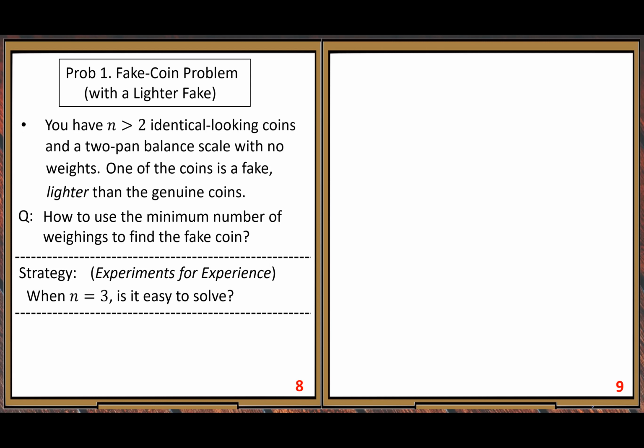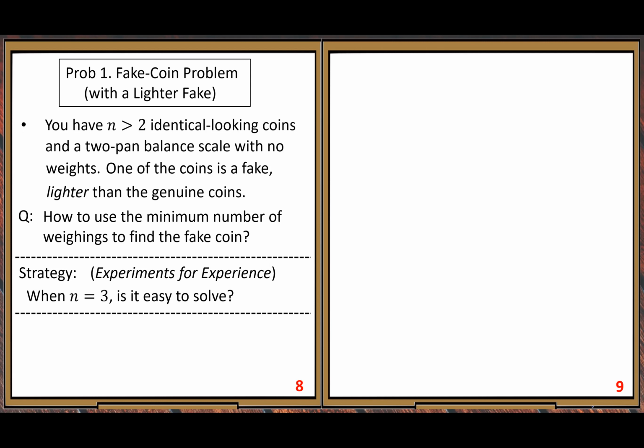Can we solve the problem with 3 identical looking coins, one of which is fake and lighter than the other coins? Can you use the minimum number of weighings to find the fake one? For example, can you use one weighing to find the fake coin when n equals 3?